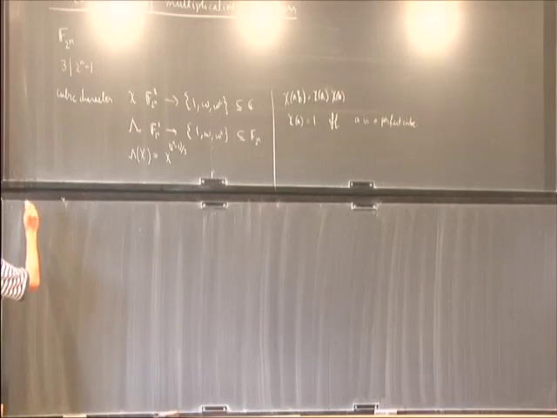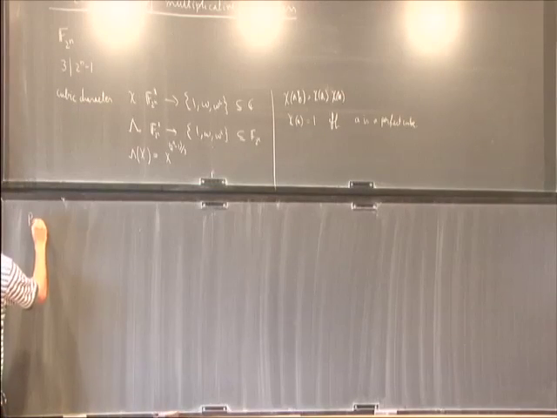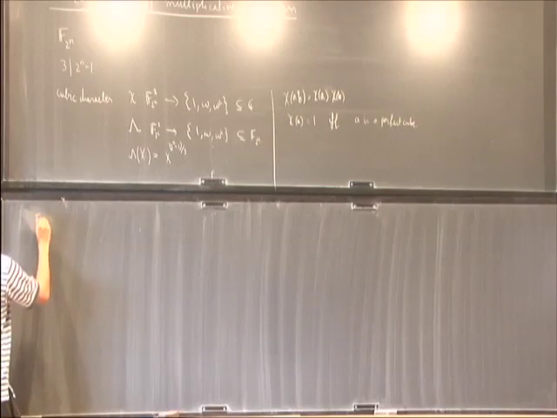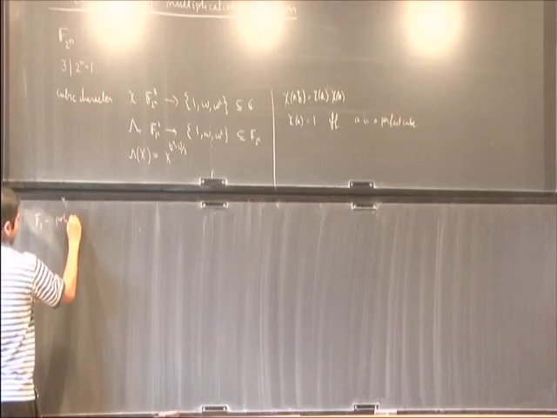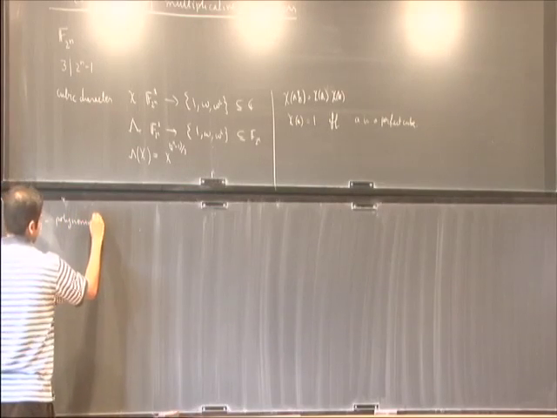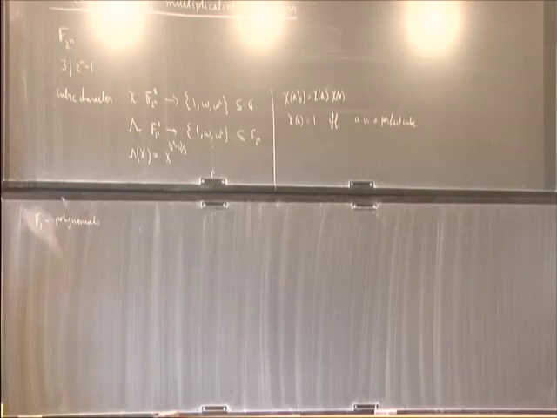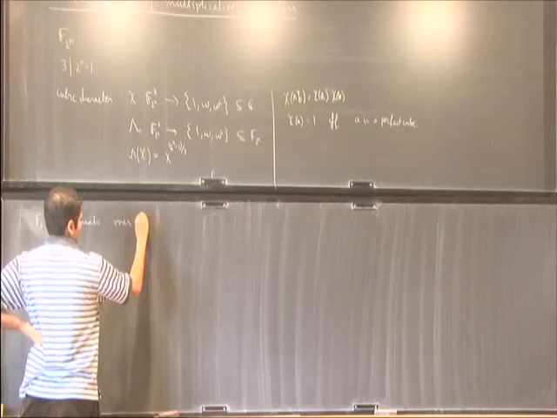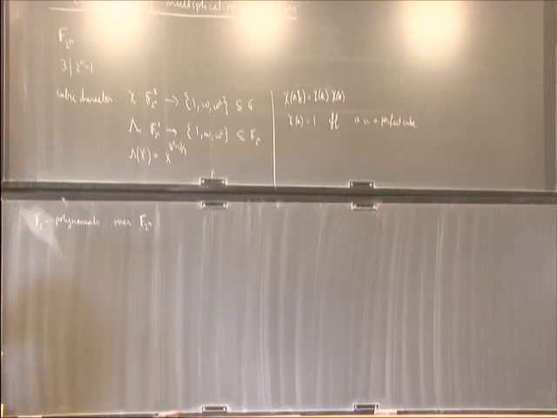I want to consider polynomials over F_2, or rather F_2 polynomials, and view them as functions on F_{2^n}. Informally, F_{2^n} is a vector space over F_2 of dimension n, so we can view F_{2^n} as F_2^n.